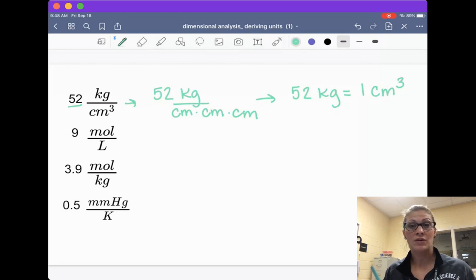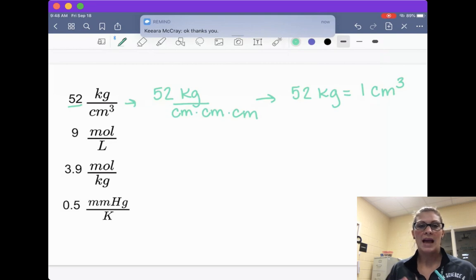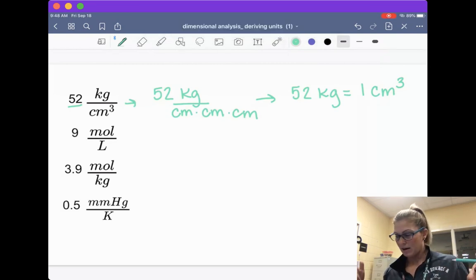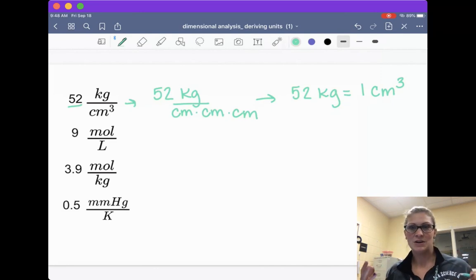So now we can use this to make predictions: if we had 7 centimeters cubed, what would that mass look like? It tells us something.